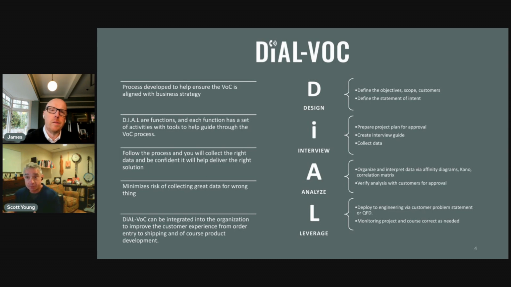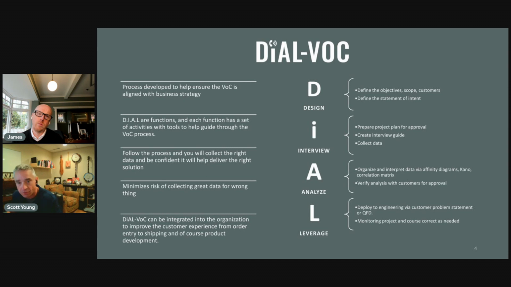Dial-VOC is a very simple 4-function program that is split up into D for design, I for interview, A for analyze, and L for leverage. These functions have a series of activities inside each one of them that have tools associated with them to help you walk through the process to ensure that you're going to collect the right data at the end of the day.